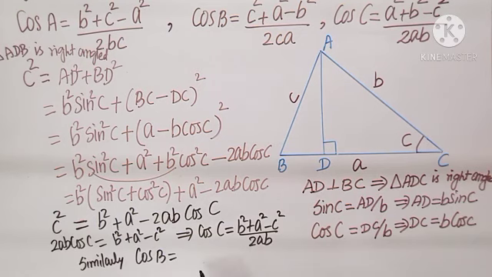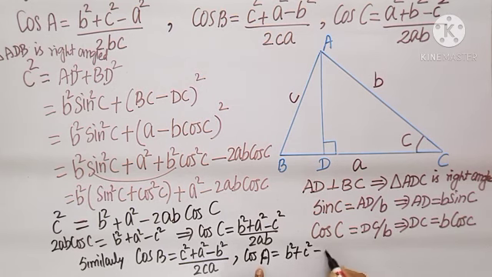When it is b, the other two will come, c square plus a square minus b square divided by 2ca. And cos A will be b square plus c square minus a square by 2bc. Hence, we have proved the formula.